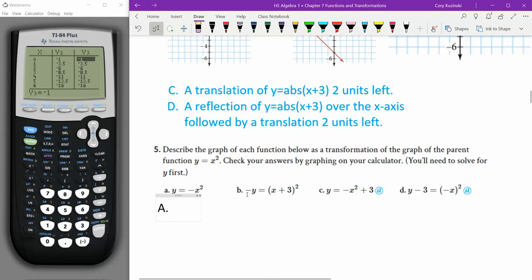So I'm going to say y equals x squared has been reflected over the y replaced with -y, so it's reflected over the x-axis.